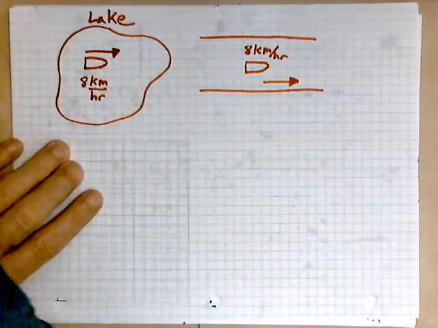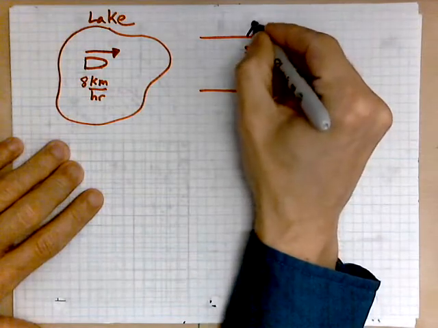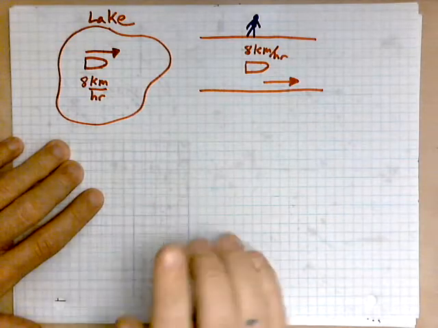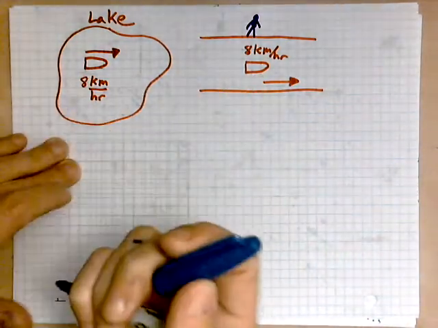So not relative to a person standing on the shore. Here's a person standing on the shore like this. But relative to the water, this boat can travel 8 kilometers per hour.